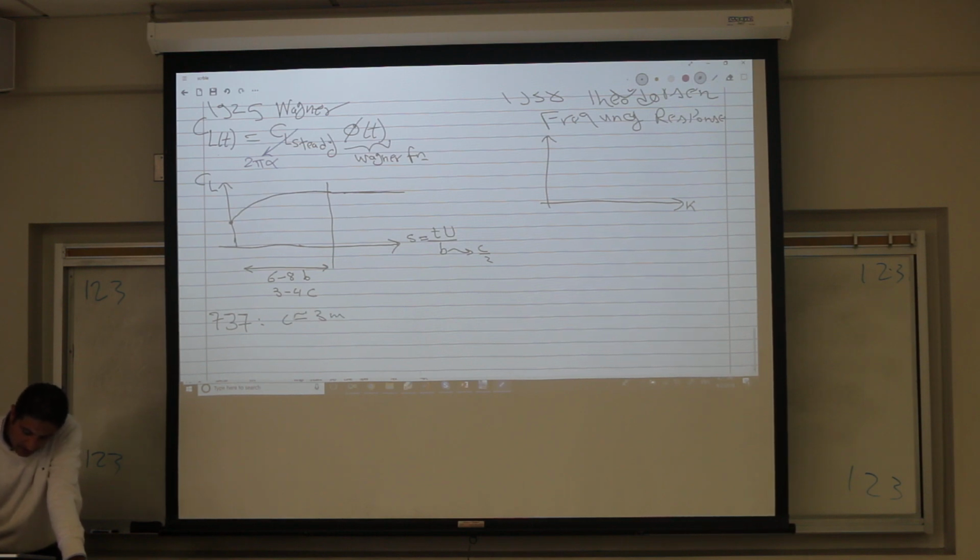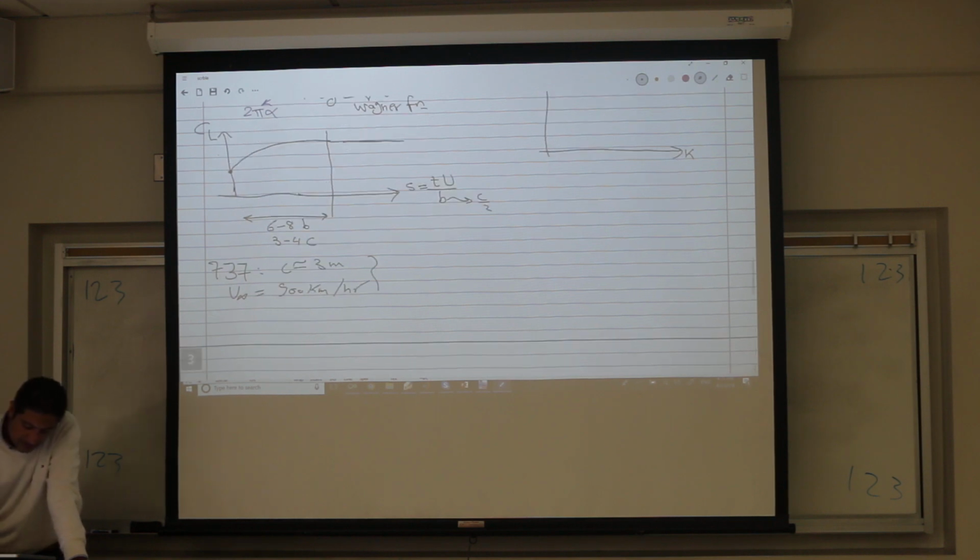Maybe in flight, I don't recall the cruise speed, but let's use 900 kilometers per hour. Or maybe on the tarmac, takeoff or landing, around this value. This will give you the time it takes for your lift to build up: around 0.04 second, 0.16 second.